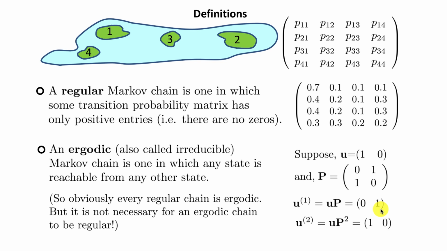If you multiply it again, then you come back to it. So in other words, this is an ergodic Markov chain. You can go from the first state to the second state and from the second state to the first state. In other words, every state of the system is reachable from every other state. Of course, that's pretty trivial because there are only 2 states in the system.